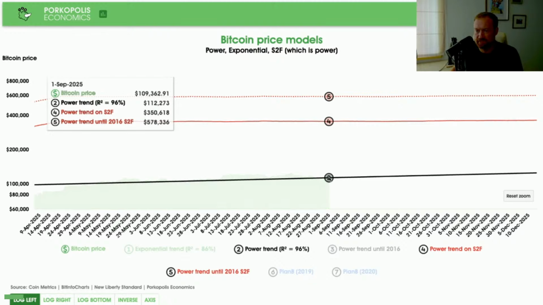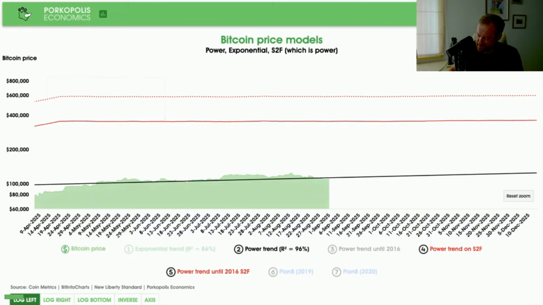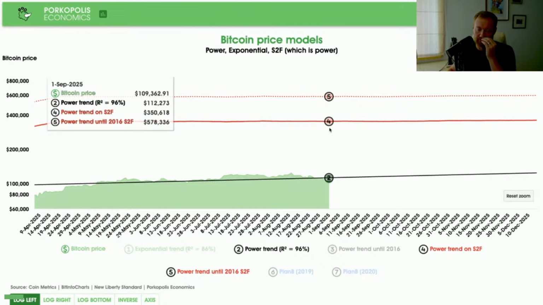All right, you see 578 divided by 350. Let's just get the exact. 1.65x. I think I said 65% before. It's nearly 2x different. Sorry, too many numbers on the fly.